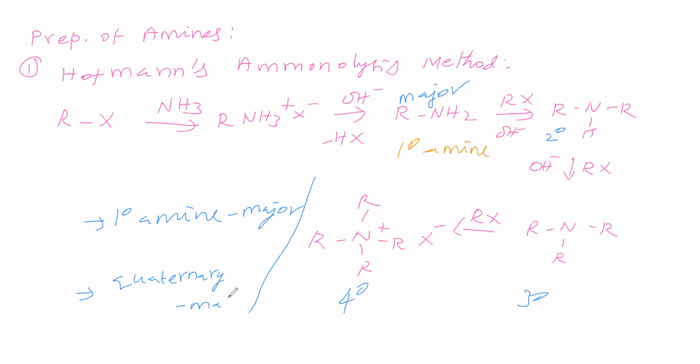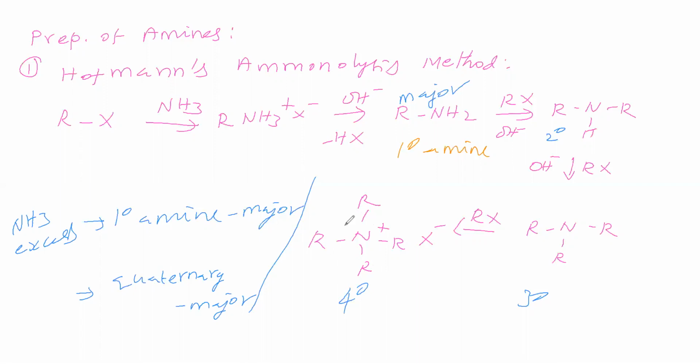If you want primary amine as the major, then you see such that it is not there. If it is not there, then it will not convert into like this. So take this less extent, take this excess. Therefore, we have to take ammonia excess. Now, this should be the major product.